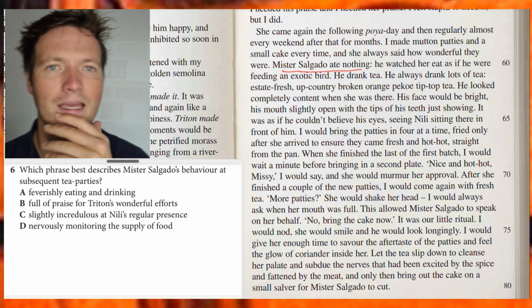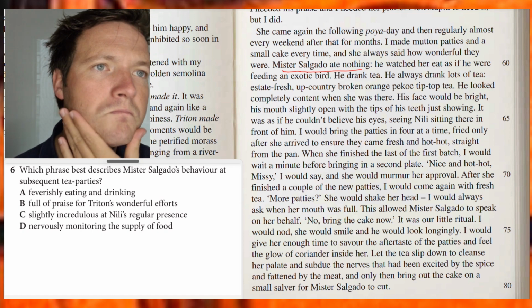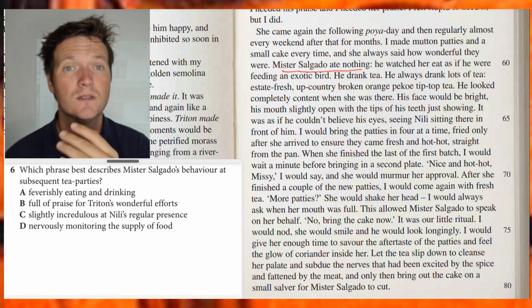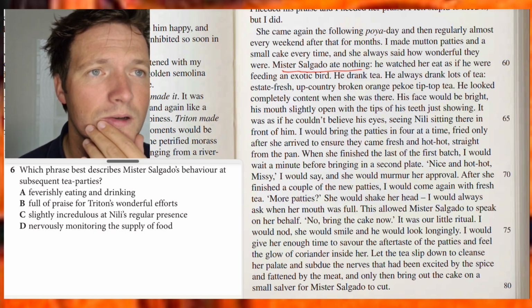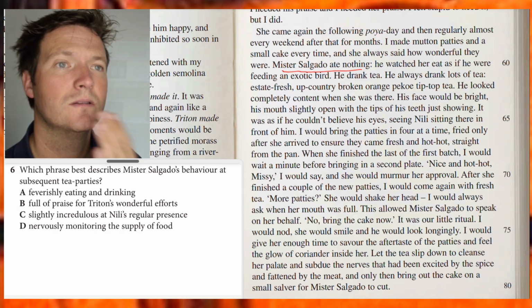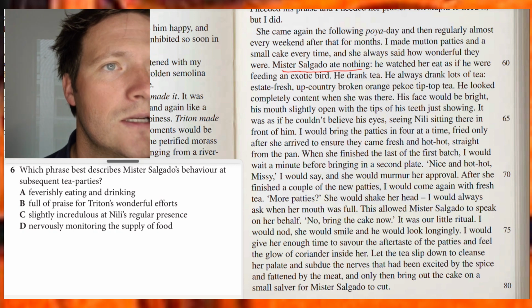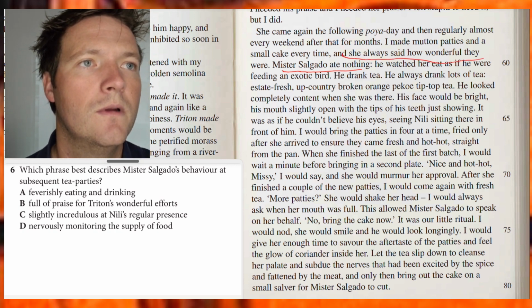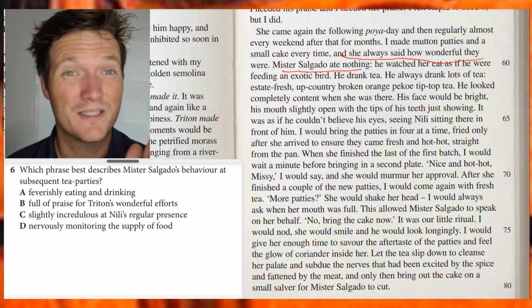So it can't be A. Full of praise for Triton's wonderful efforts. He was happy. Was he happy about the food? Did he praise the food? I don't see that, to be honest. It says that Nilly did. She always said how wonderful they were. But Mr. Salgado, no.